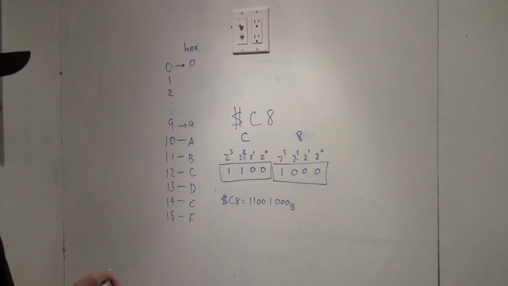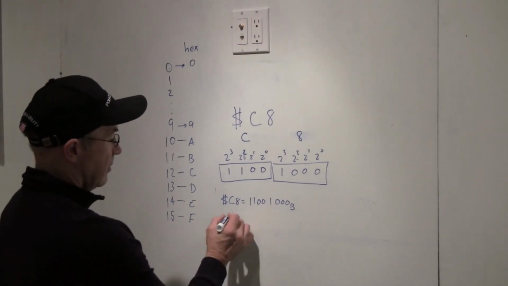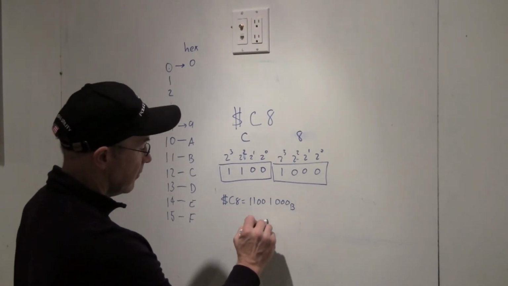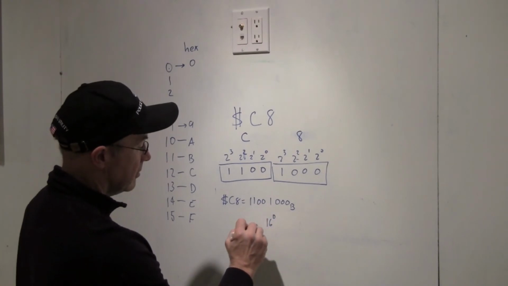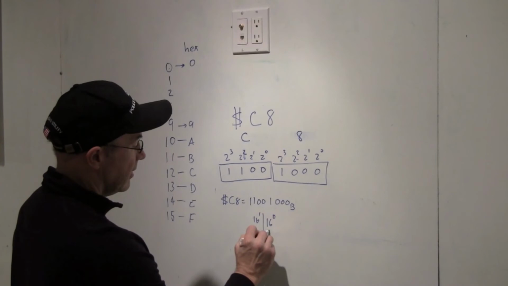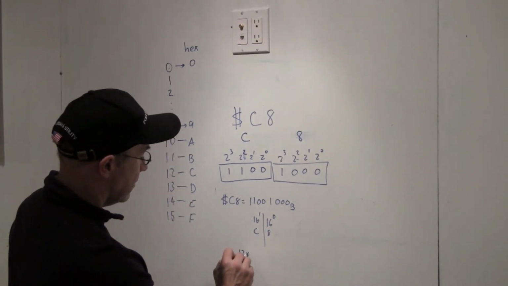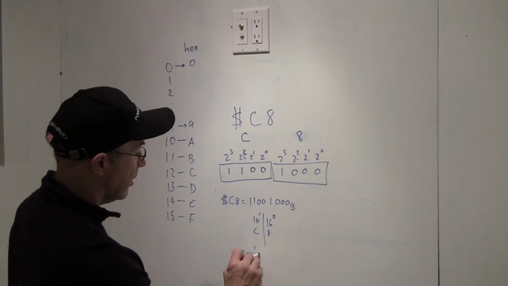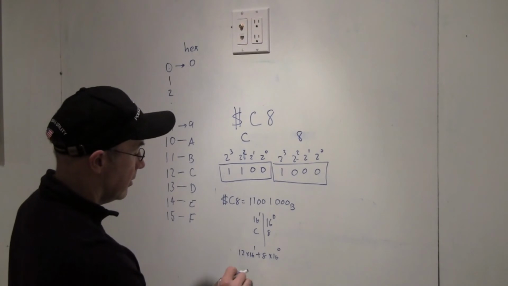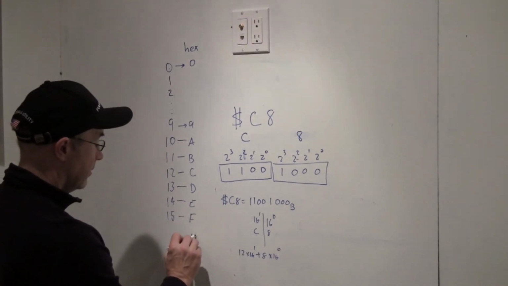Probably an easy way to convert that to decimal would be to go back to thinking about the 2 columns in hex, here 2 digits. The first column is 16 to the 0, the next column is 16 to the 1. I've got a C8, so C is 12 times 16 to the first power plus 8 times 16 to the 0. So that's 12 times 16, which I'm going to have to do over here.